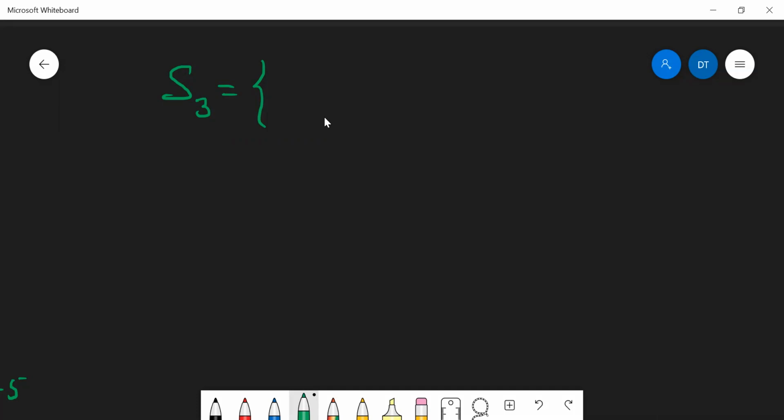I was told that you didn't learn this stuff during linear algebra, so just in case. Here you have ID, then you have the permutation (1 2). Let me write down the elements here.